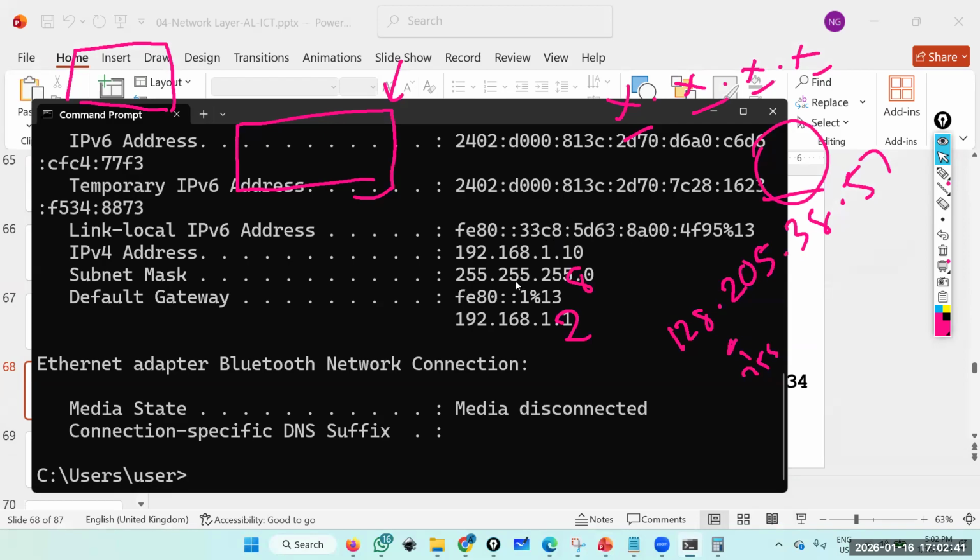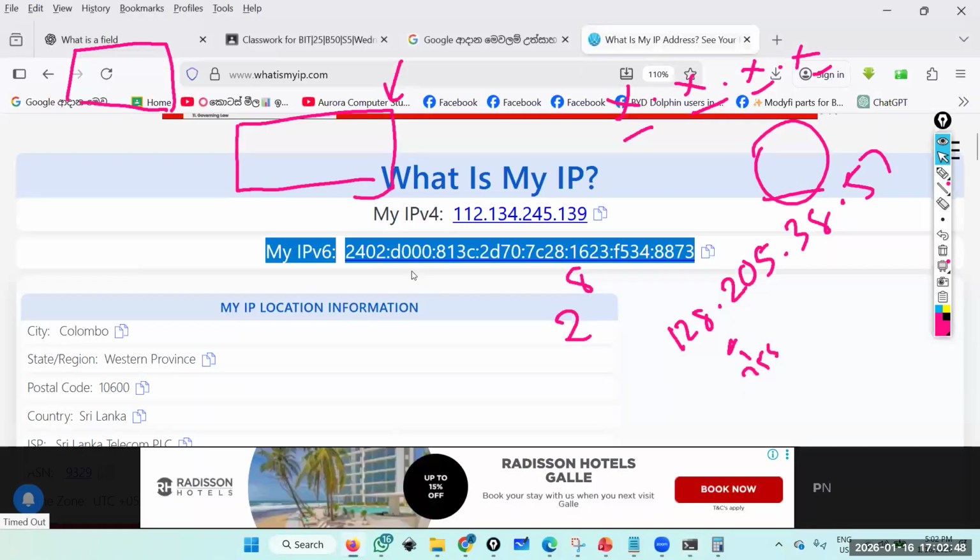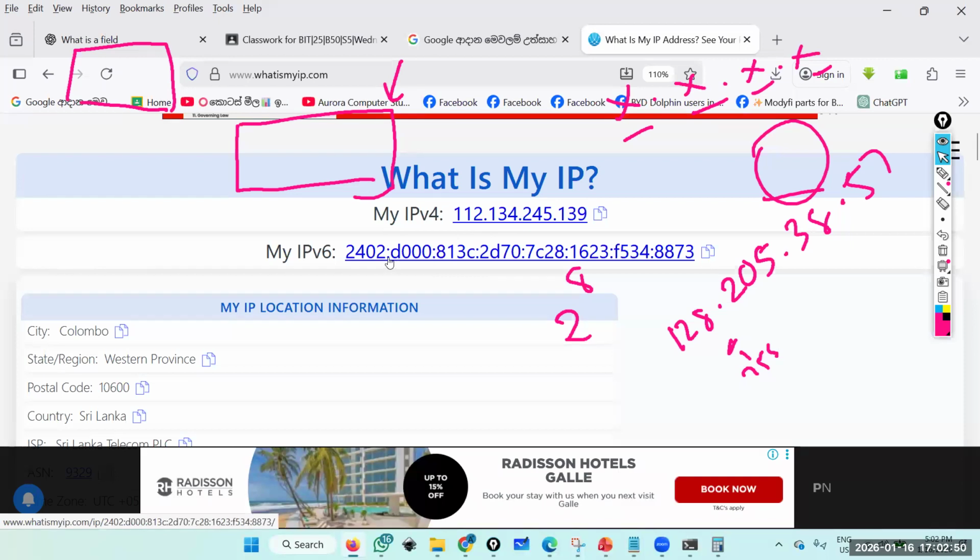And also here we use dot, here we use colon, right? Here we use dot, here we use colon. Okay. So how many? 1, 2, 3, 4, 5, 6, 7, 8. 8 parts.